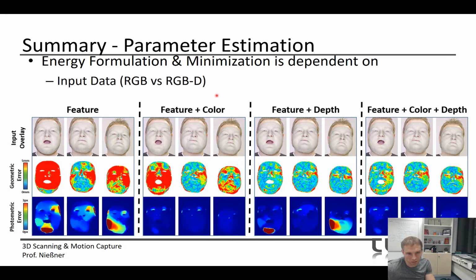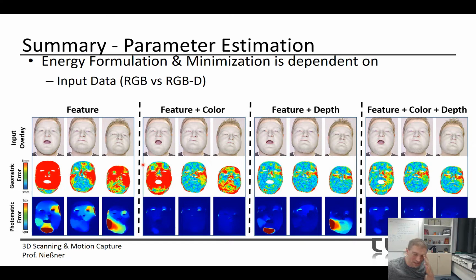Now, if you add in the RGB term, the photometric error goes pretty much to 0, which is great. We have very good photometric reprojections, but what's going to be wrong is the absolute depth. So the absolute scale of the model is slightly off. In other words, the shape is in a sense compensating for the wrong depth.